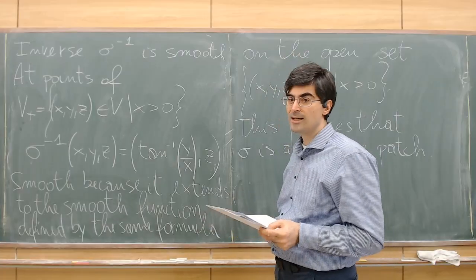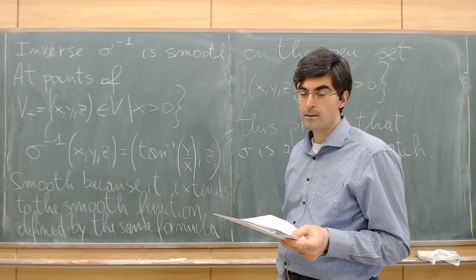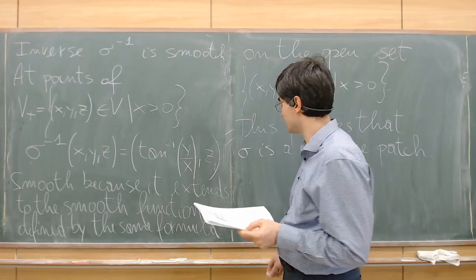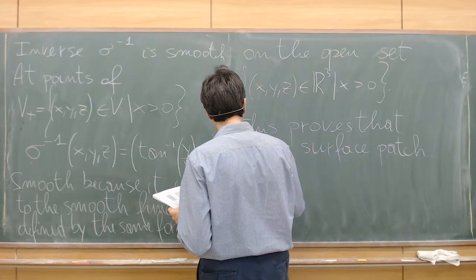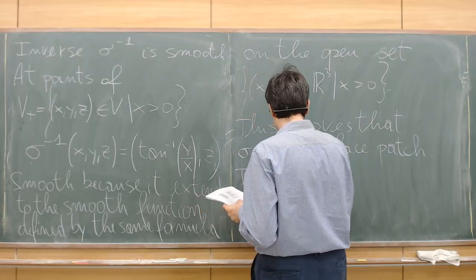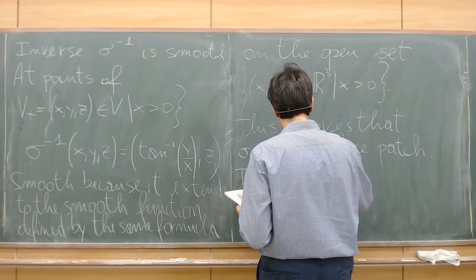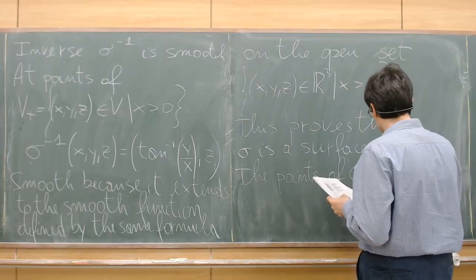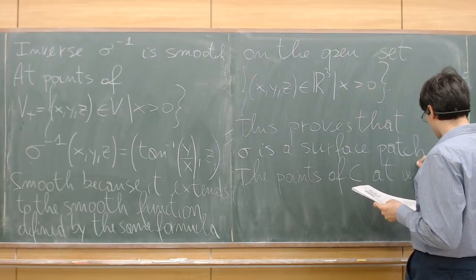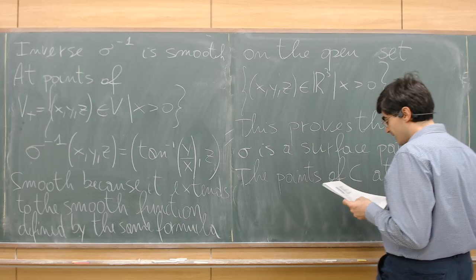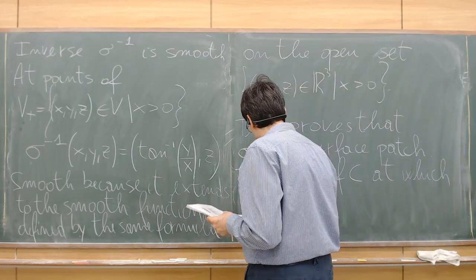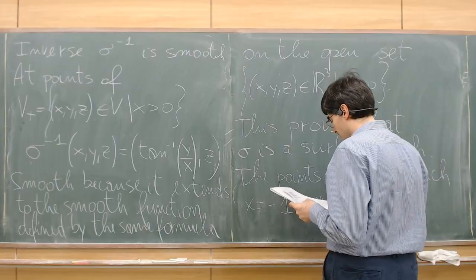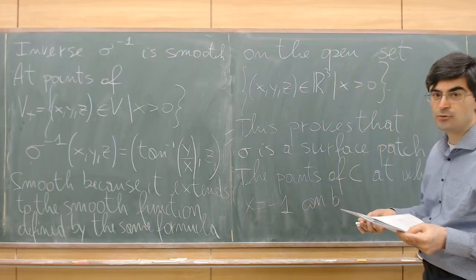So now we have to take care of the points whose first coordinate is exactly -1. So the points of C at which x is equal -1 can be covered by using another surface patch.